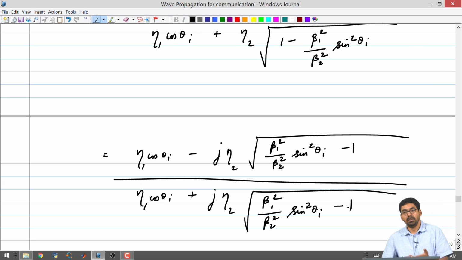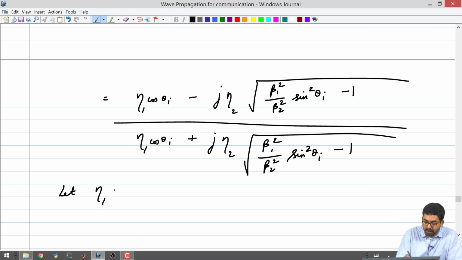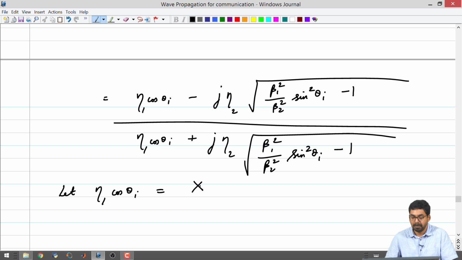There is a reason for doing this, all right, and the reason is because I want to make some inferences from the value that I would ascertain, which is coming from here, all right. One of the things that I know now clearly looking at this is, to make this expression a little simple, I could say that let eta 1 cos theta I be given a variable name x, okay.